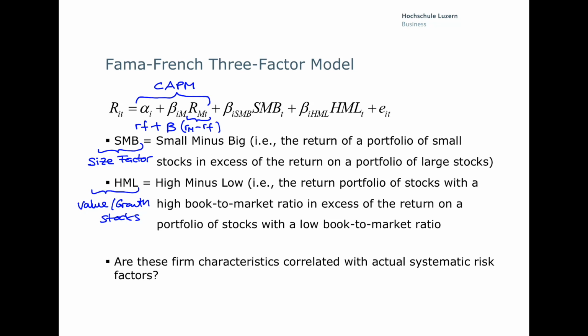Notice that in this model, the market index does play a role and is expected to capture systematic risk originating from macroeconomic factors. The other two factors are firm size, measured by the market capitalization, and the book-to-market ratio.